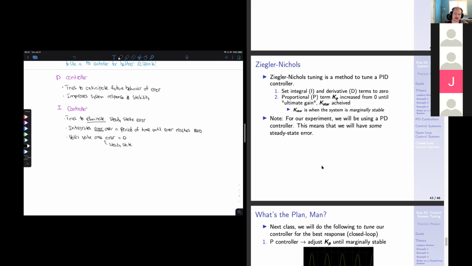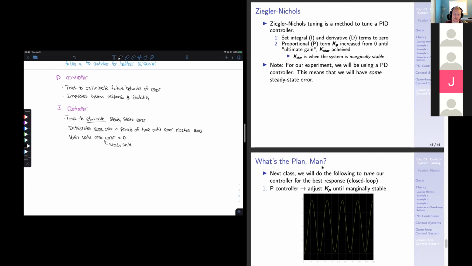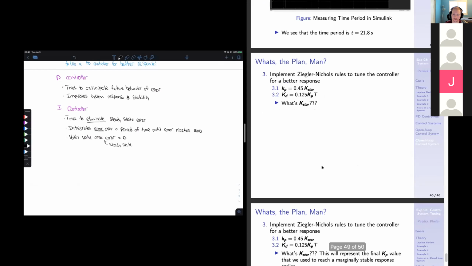Right? And then once we get to K star, you start to tune your derivative controller and your integral controller based off of a formula. I don't know if I wrote it in here. Yeah, right here. Once we get to K star, our ultimate gain, we change our proportional gain again based off of that value.